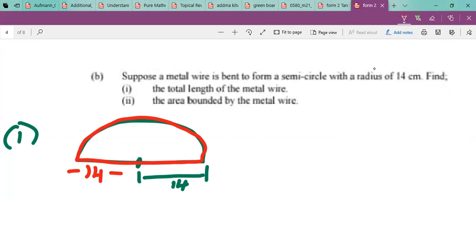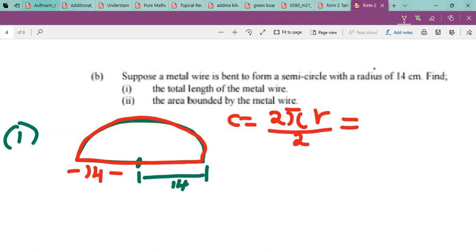So what you need to do is find the distance of this part, but you know that the circumference of a circle is 2 pi r. But as we are not interested in the whole circle, we are interested in half of it, so I'll divide by 2.